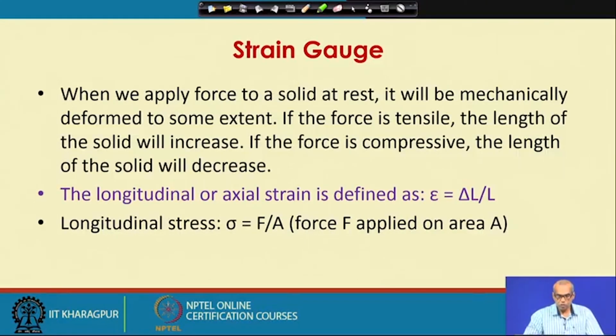When you apply force to a solid at rest, it will be mechanically deformed to some extent. If the force is tensile, the length of the solid will increase. If the force is compressive, the length of the solid will decrease.